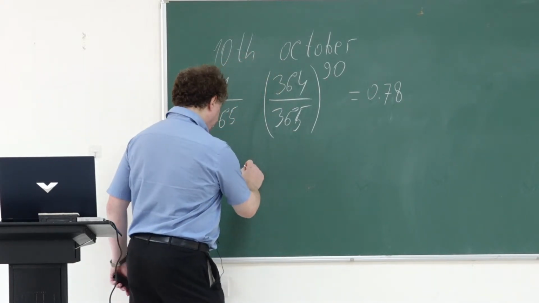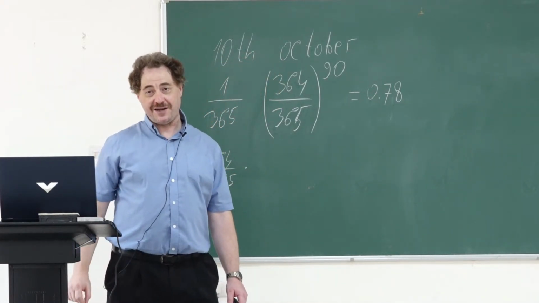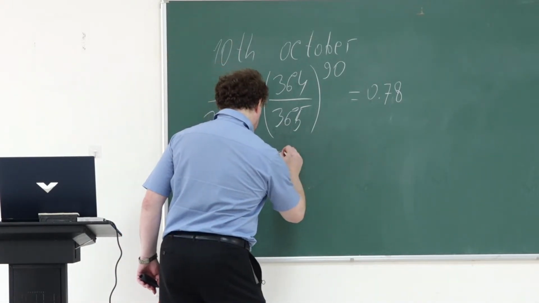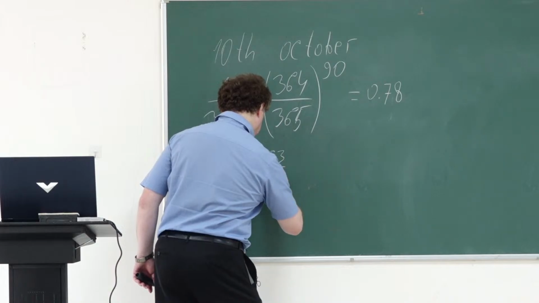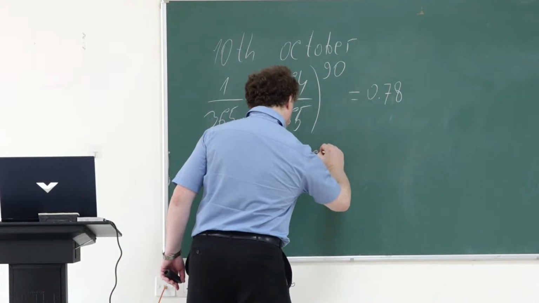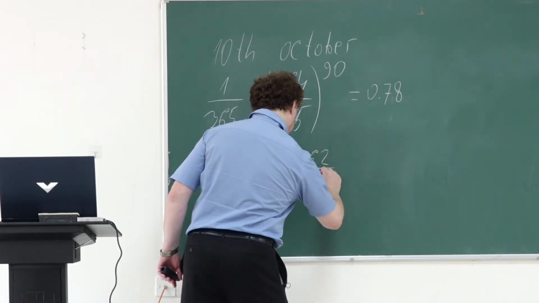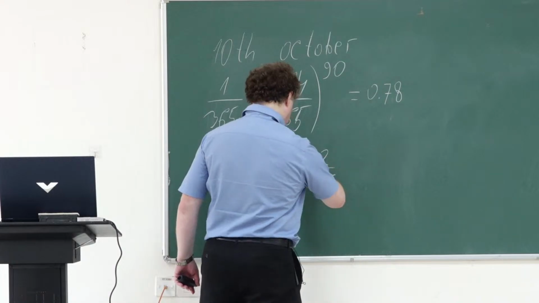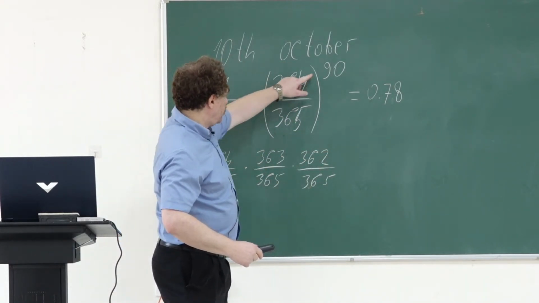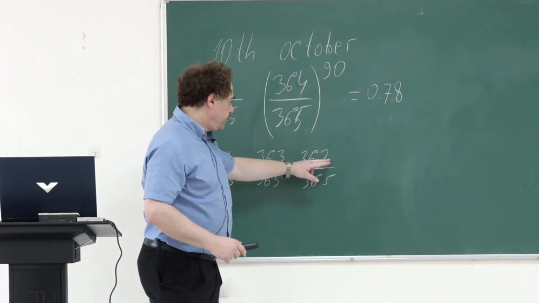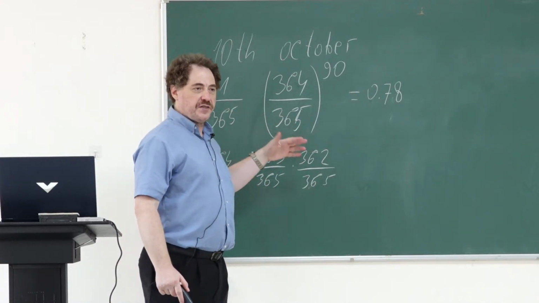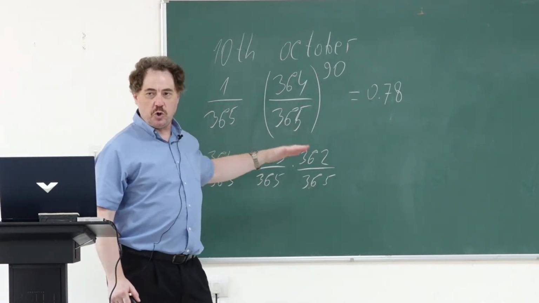So what's the probability of the third person to not have a collision? It would be 363 by 365. The probability for a fourth person would be 362 by 365, and so on. So it would not be like this number to the power of 90. Each time, the probability of not having a collision for each next person becomes smaller and smaller.